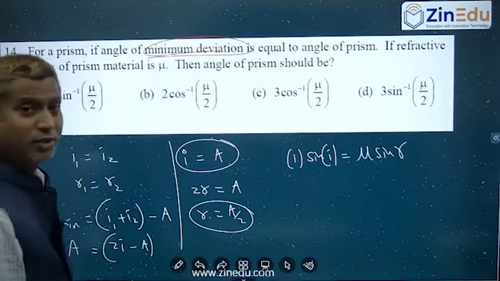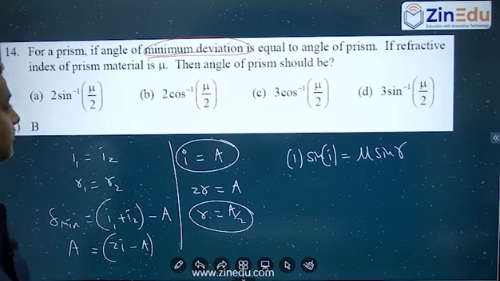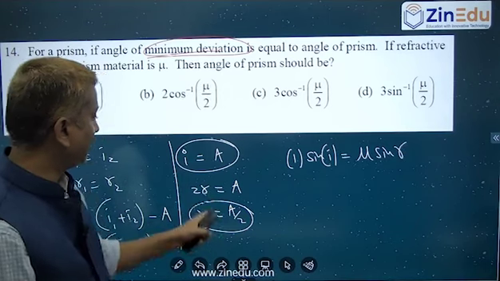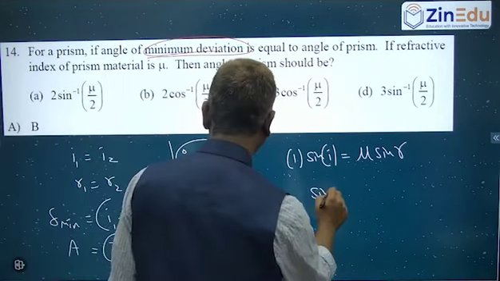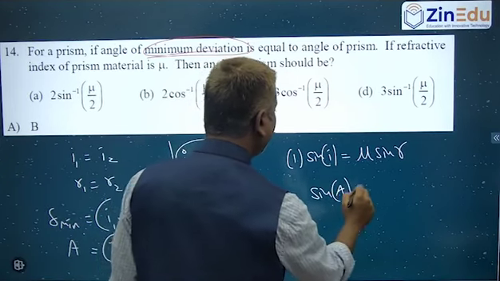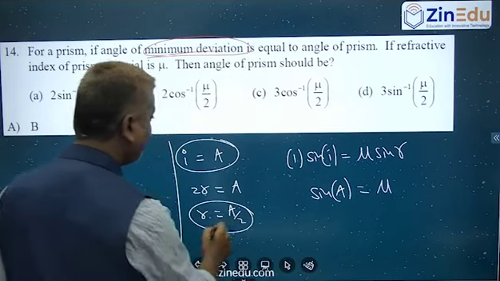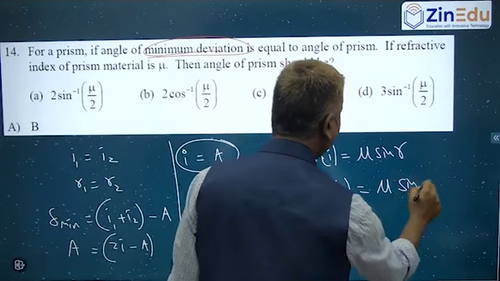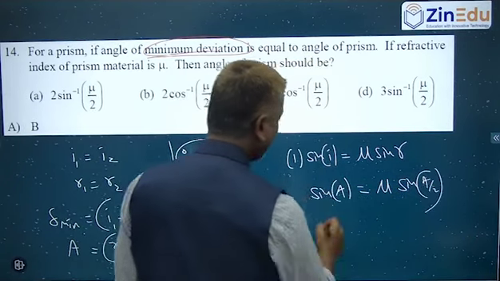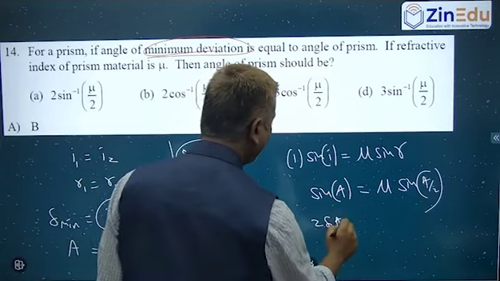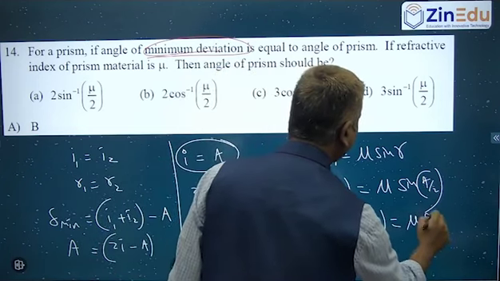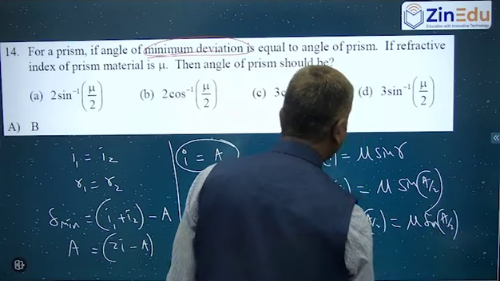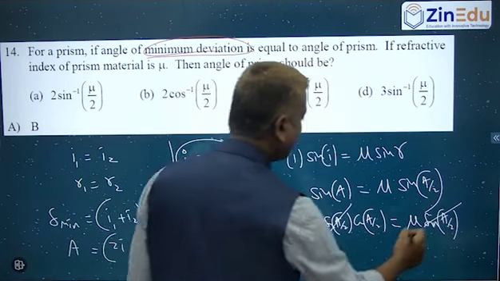Both i and r you write in terms of A. So there is definitely a relation: i is equal to A and r is equal to A by 2. So sin A is equal to mu into sin of A by 2. So sin A can be written as 2 sin A by 2 into cos of A by 2, equal to mu sin of A by 2. Sin A by 2 cancels.